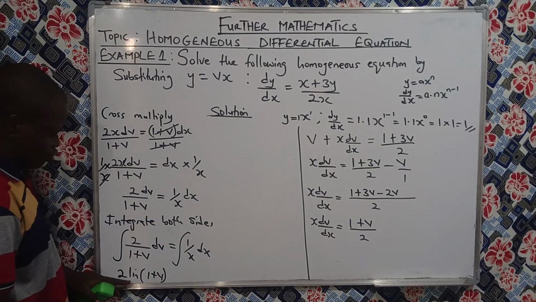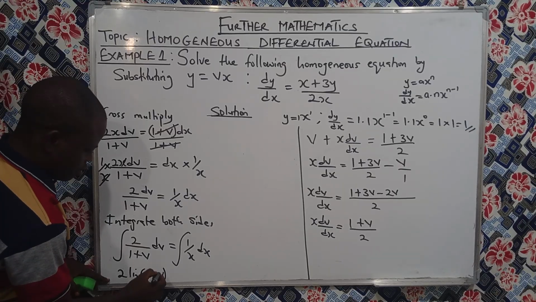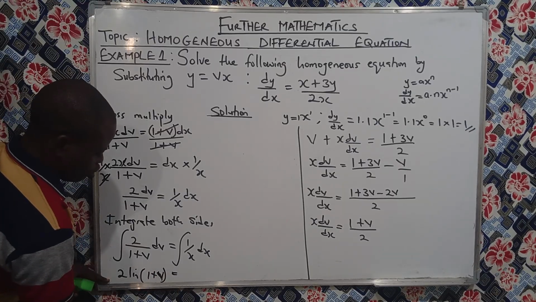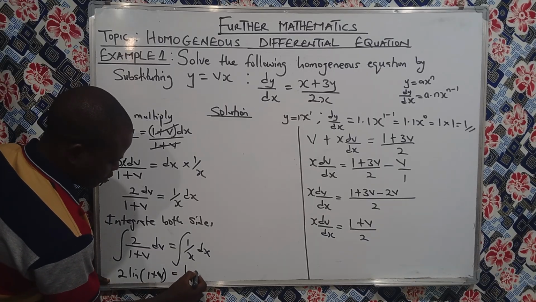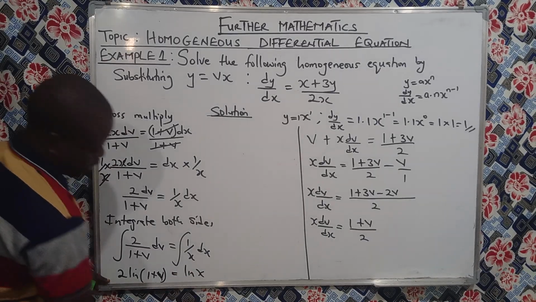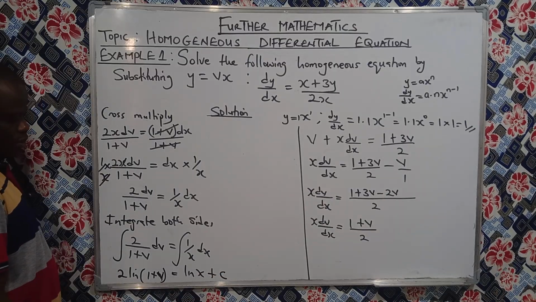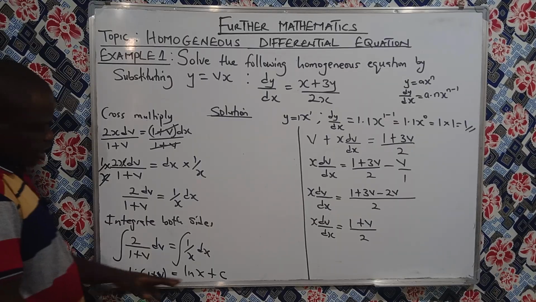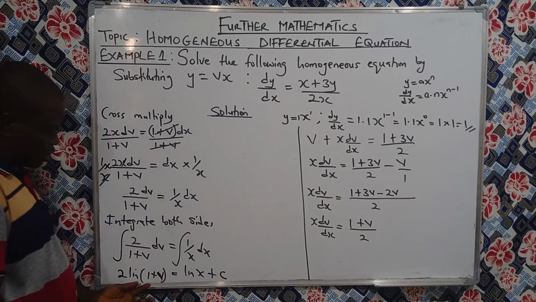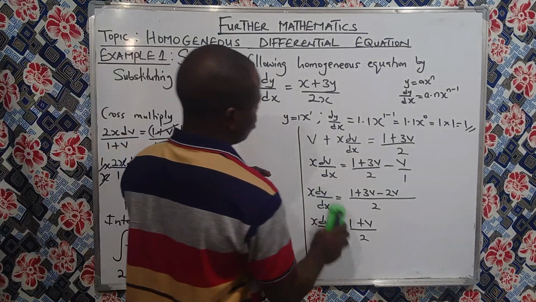That's where you have 2 ln 1 plus v equals ln x plus c. And since everything is in terms of ln, let's make our c to be ln a. Let's assume it to be ln a.